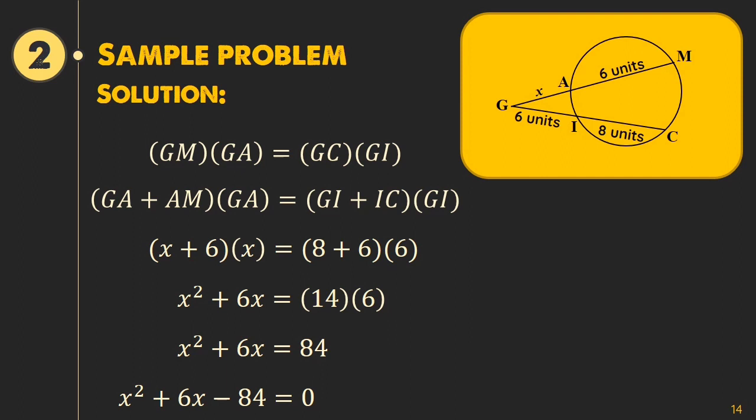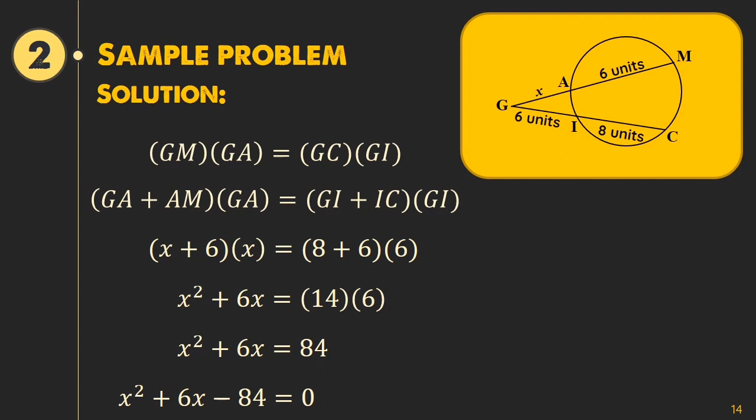Substituting the lengths given in the problem, we have the quantity x plus 6 times x is equal to the quantity 8 plus 6 times 6. Simplifying both sides of the equation, we will have x squared plus 6x is equal to 14 times 6, which will be further simplified to x squared plus 6x is equal to 84.